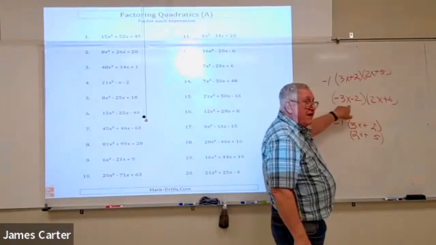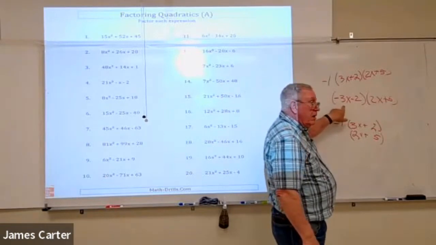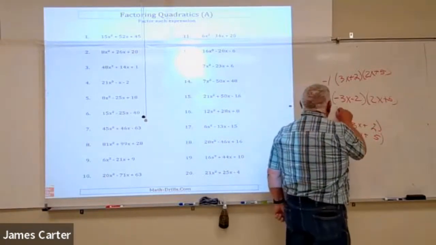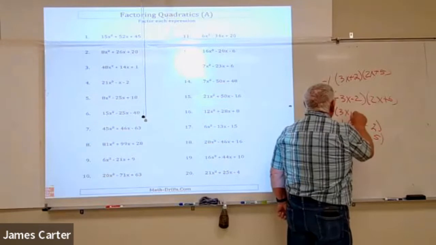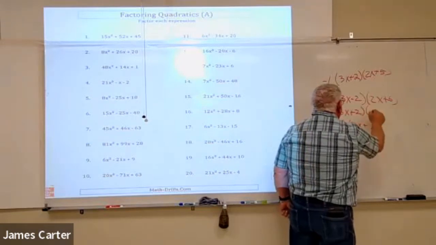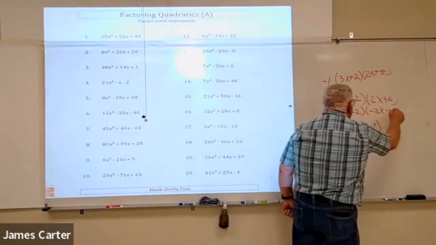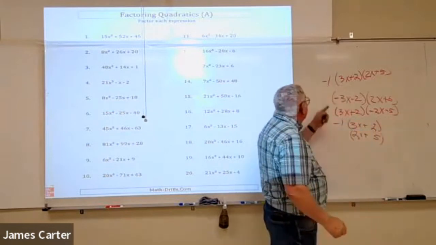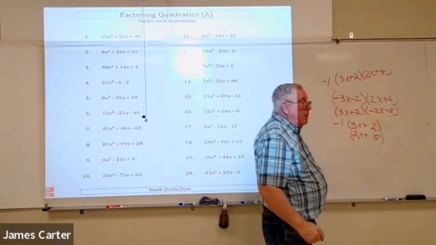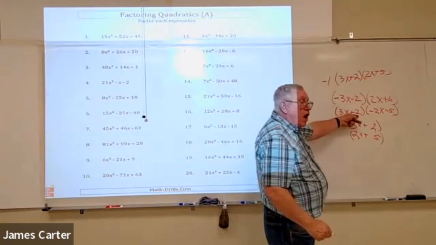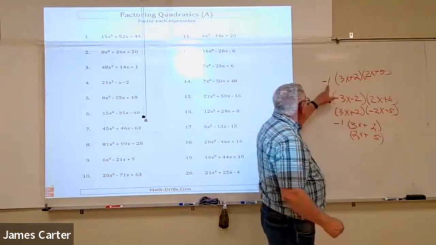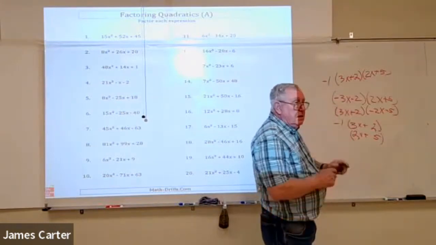In other words, this is if I didn't take the negative out. Likewise, if I had 3x plus 2 and I had -2x minus 5, there being the negative on that one, that also is not wrong. It's just not simplest.